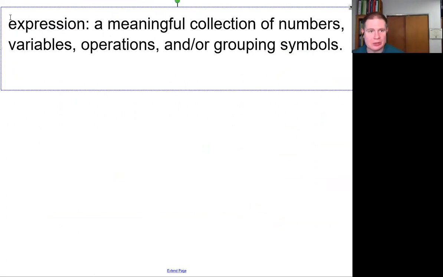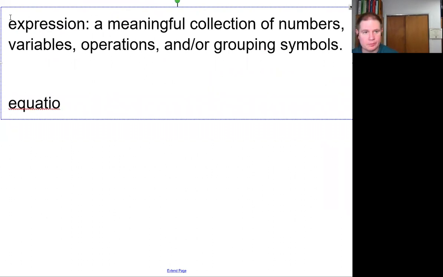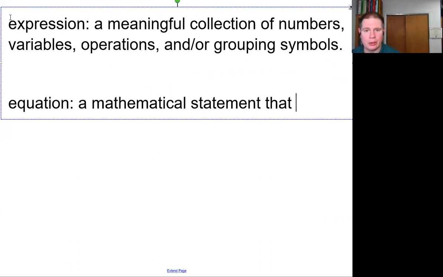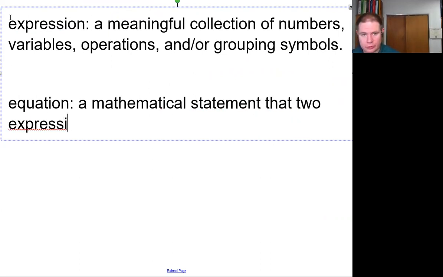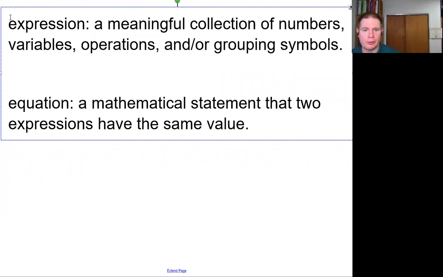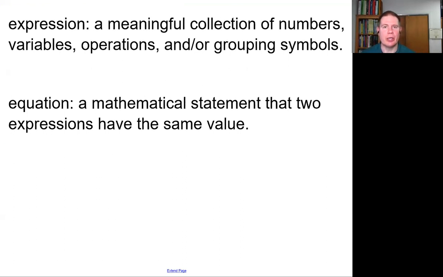And that's to be distinguished from an equation, which is a mathematical statement that two expressions have the same value. Right? Remember, equal means have the same value. So when we see the word equation, we should be seeing "equa" as part of that.